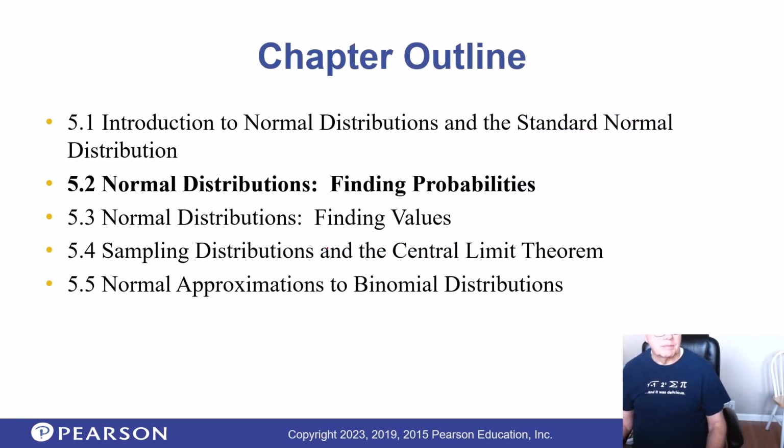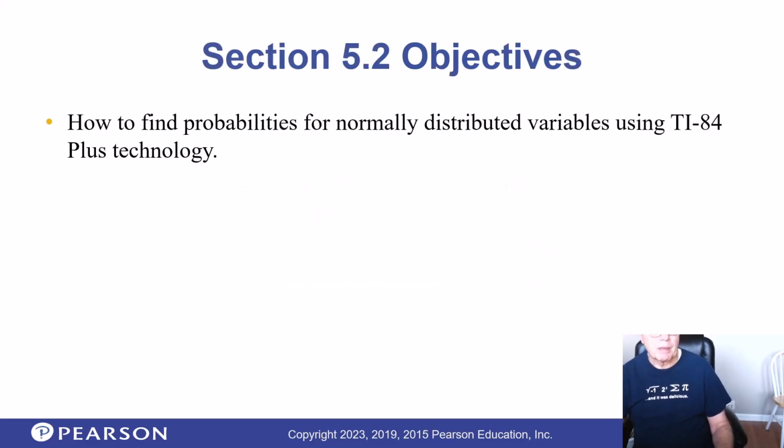All right. Just a reminder, we've already discussed 5.1. Check that off. Unless you want to review, we're going to talk about 5.2, finding probabilities, and just a little bit of a reminder, 5.5 is not somewhere we're going to go.